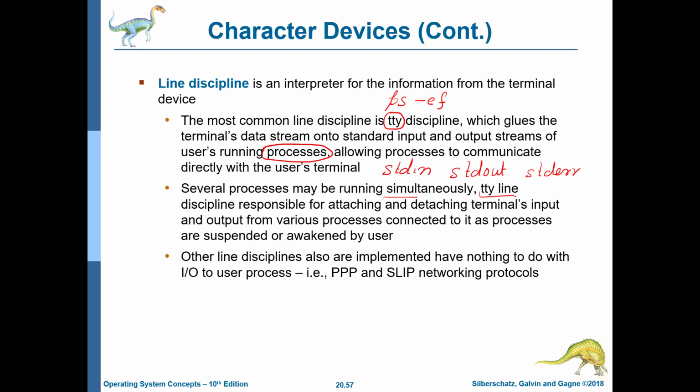So what is known as a TTY line discipline is essentially responsible for attaching and detaching the terminals to the processes, right? As and when they are connected by the user. This happens by a variety of mechanisms, but many of them use a pipe kind of mechanism because the terminal is a separate process, right?